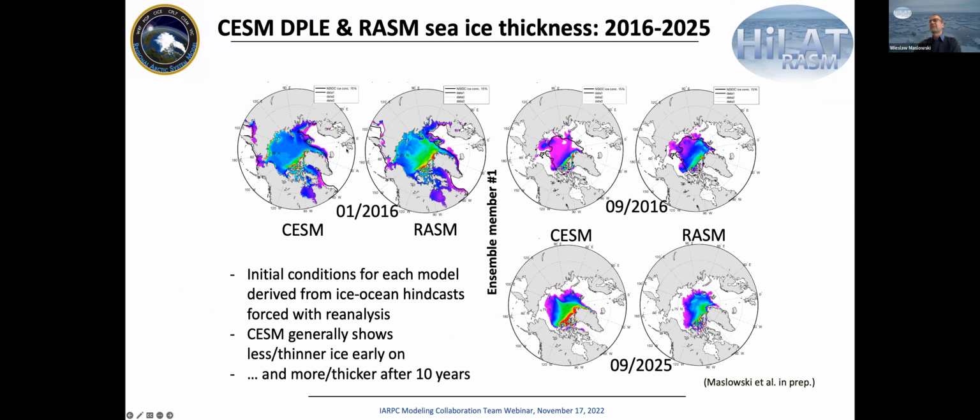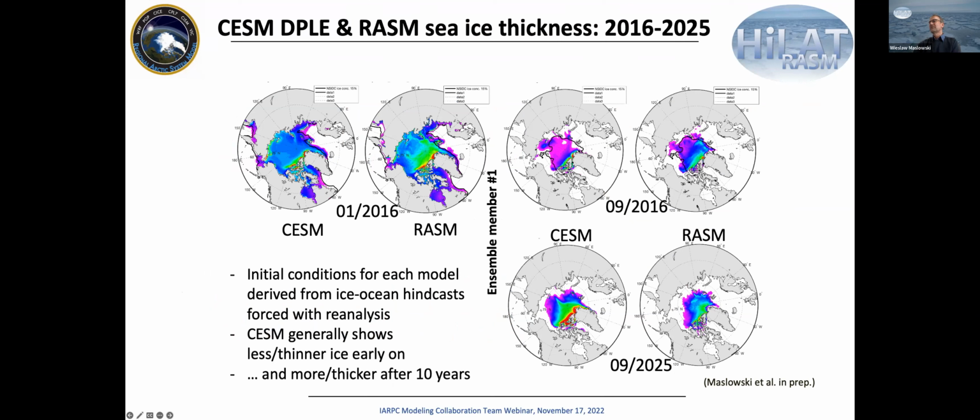If you compare the maps of CSM versus RASM for another ensemble starting 2016 through 2025, so that's kind of like a forecast, you can see that CSM has a thinner ice in the beginning of that ensemble compared to RASM.